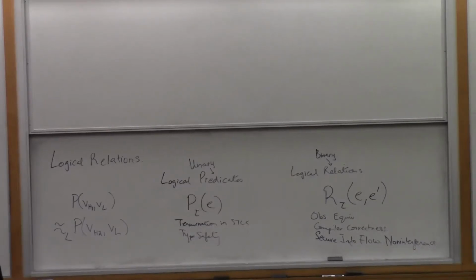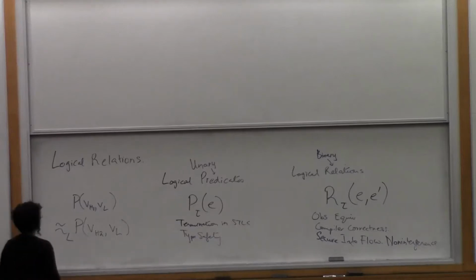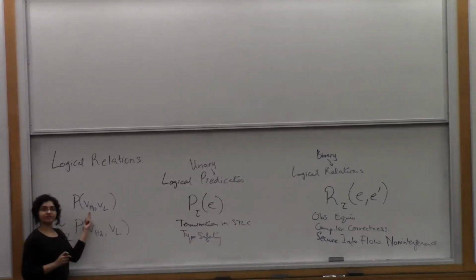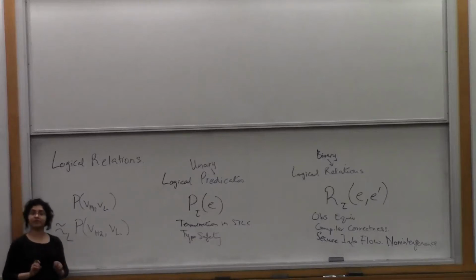So a low security observer should not be able to tell the difference, looking at the outputs of the program, in the high stuff that you sent in. So it's a form of equivalence. It's a more sophisticated form of equivalence because you have to take into consideration the level of your observer, which is this L here. Anyway, Andrew will get into all of that.